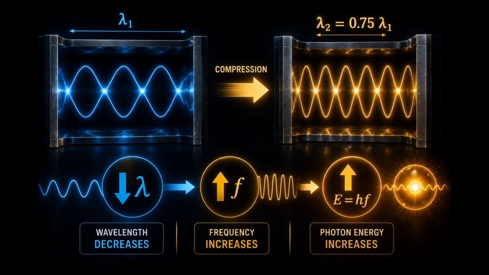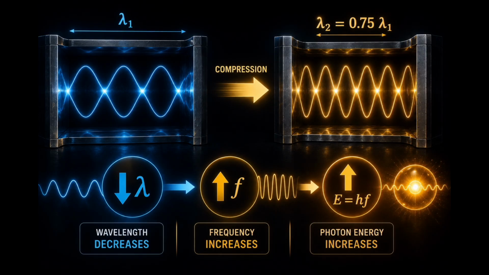Now, let's consider what this figure is actually telling us. On the left, we have a standing electromagnetic wave inside a perfectly reflecting cavity before compression. Notice that the wave has a longer wavelength represented by lambda 1. Because the wavelength is longer, there are fewer wave crests inside the cavity.